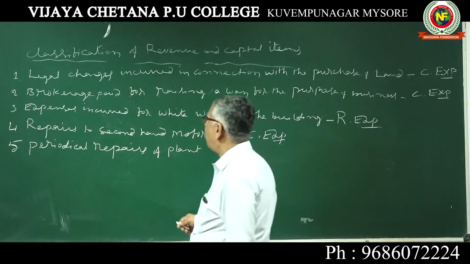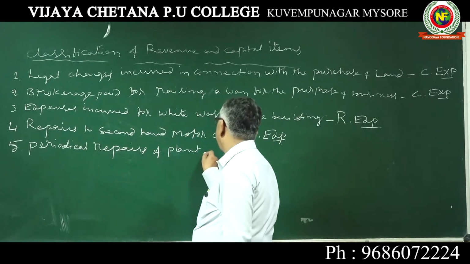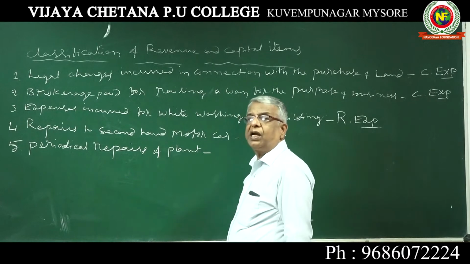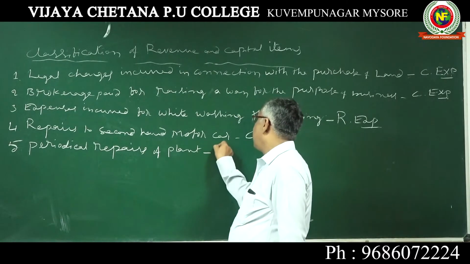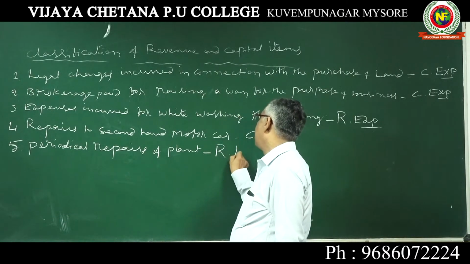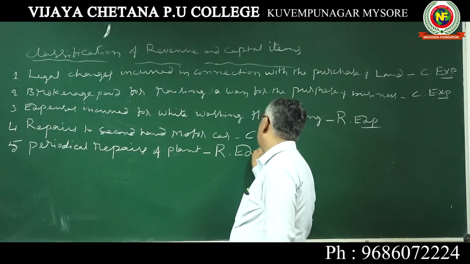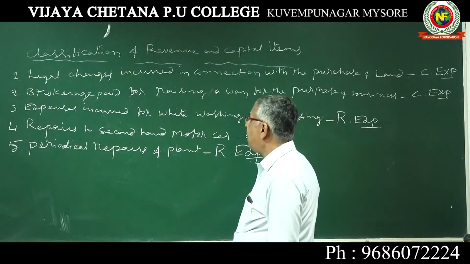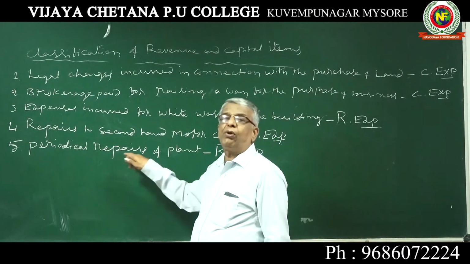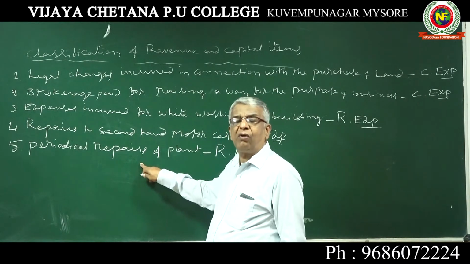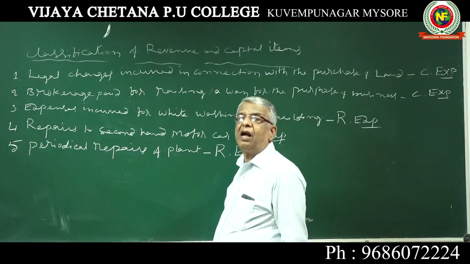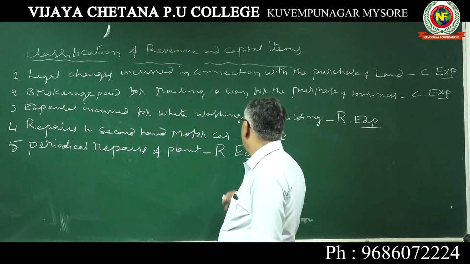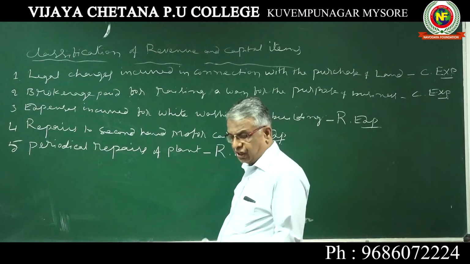Therefore, periodical repairs of plant is considered a revenue expenditure, because it is repetitive in nature. Every year we have to get it repaired. So it is a revenue expenditure.